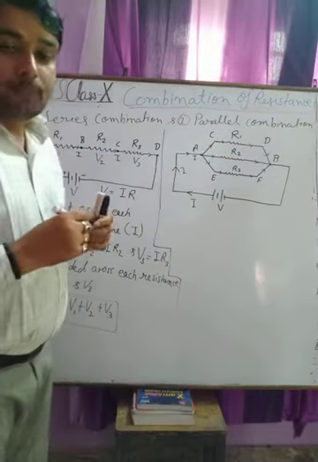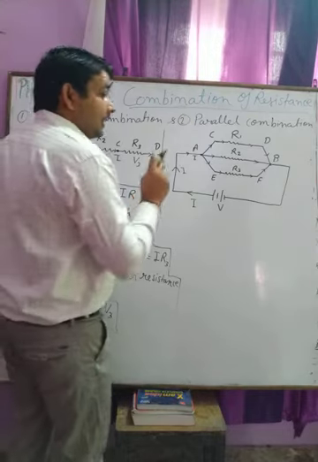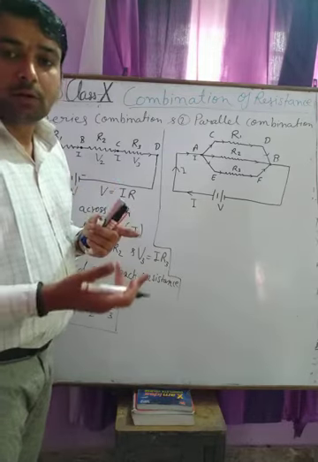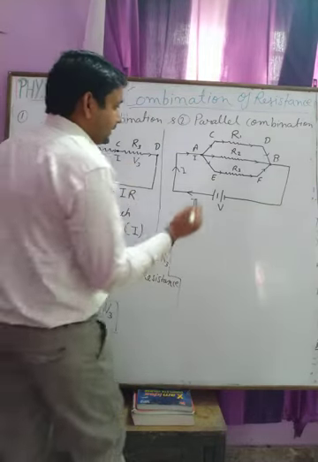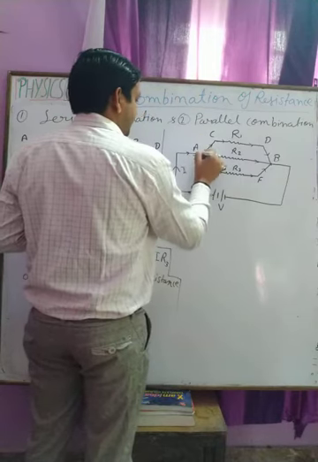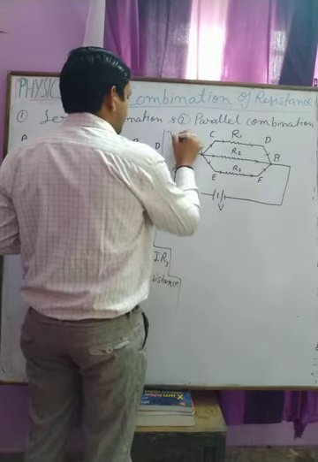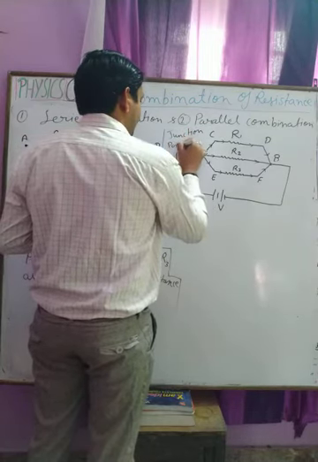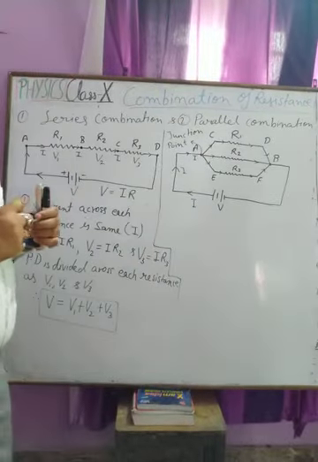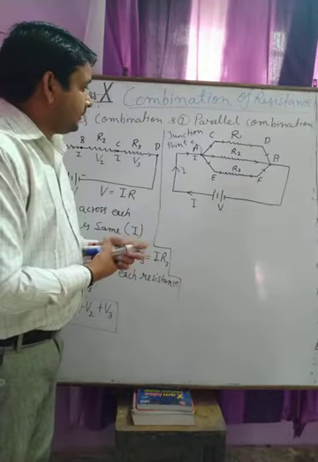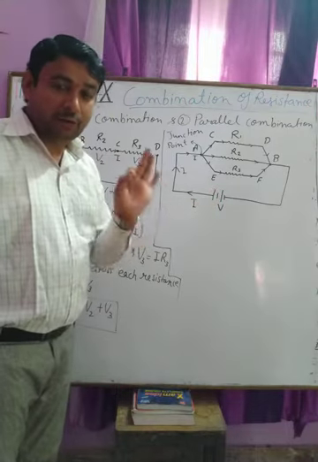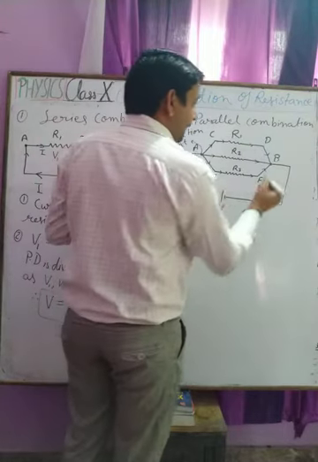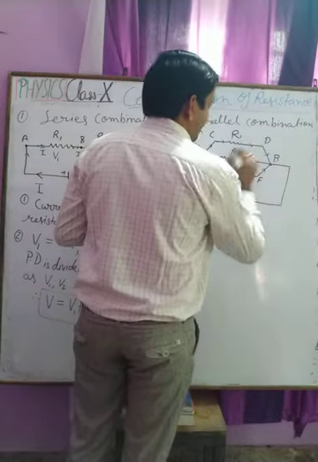So the point where the current is divided into more than two paths is called the junction point. Okay. And student, at the junction point the current is necessarily divided, and when it reaches the other point it will add up here.